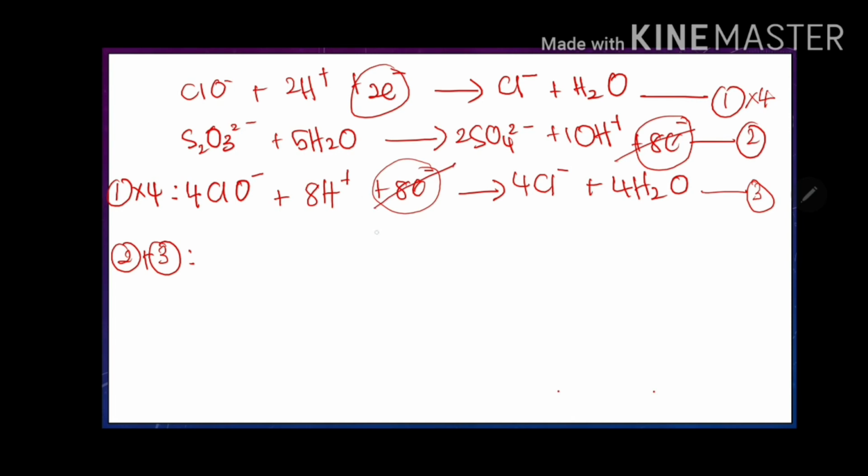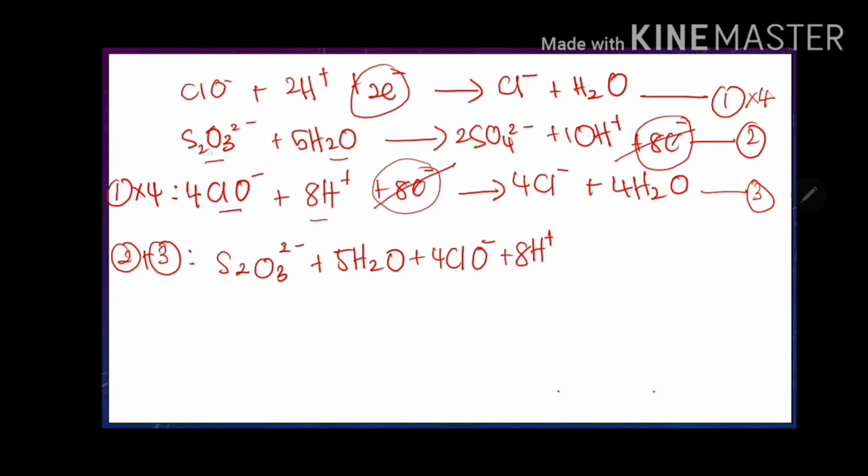Just write all the species on the left side: S2O3 2 minus, plus 5H2O, plus 4ClO minus, and also 8H plus.